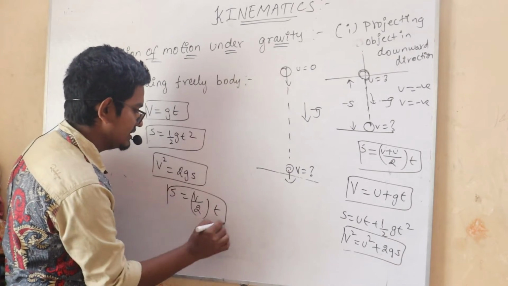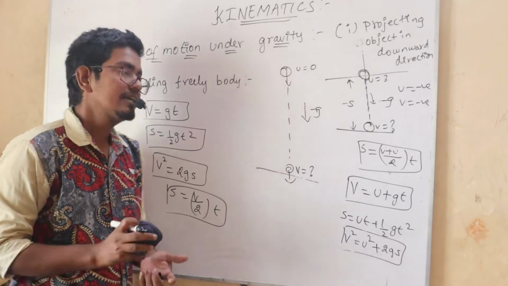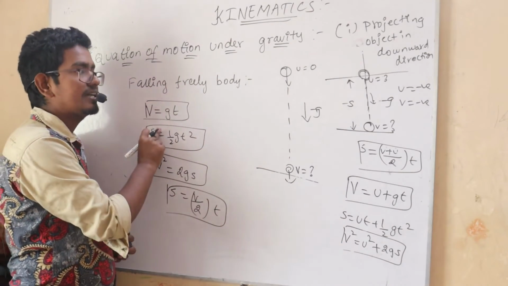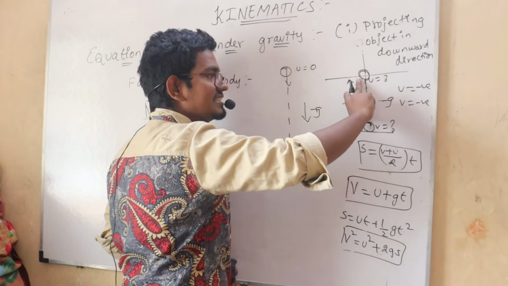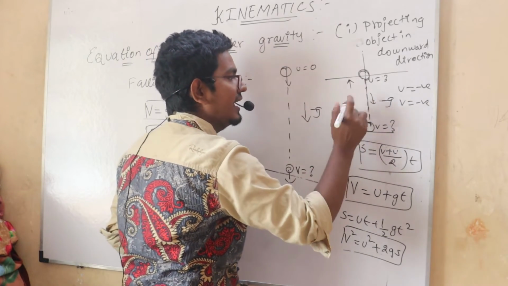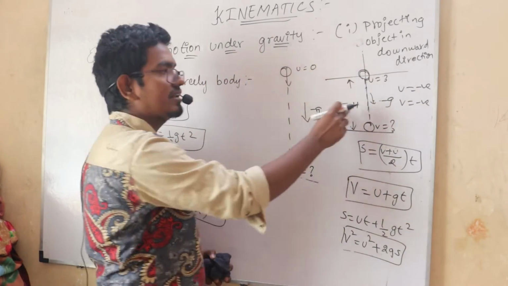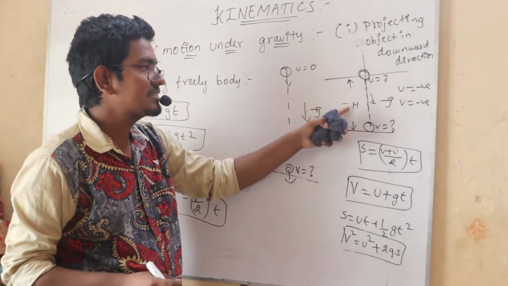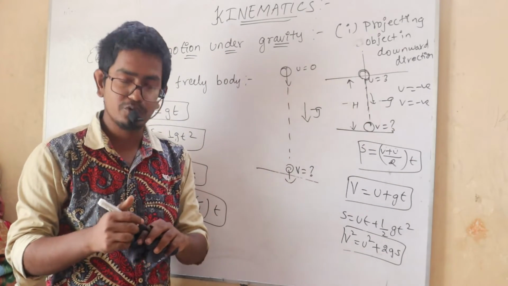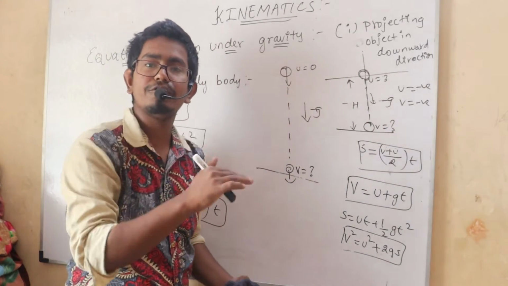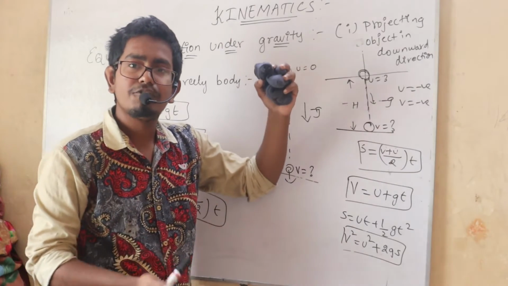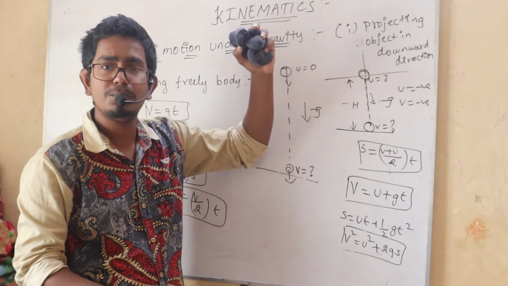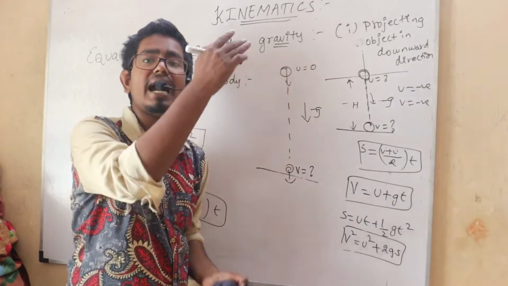In some textbooks, instead of s, as it is a height, they will consider this displacement as h. For example, if I am dropping a ball from a tower, it indicates how much height it is from the bottom, from the ground.